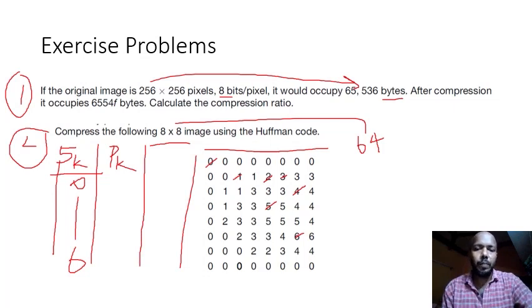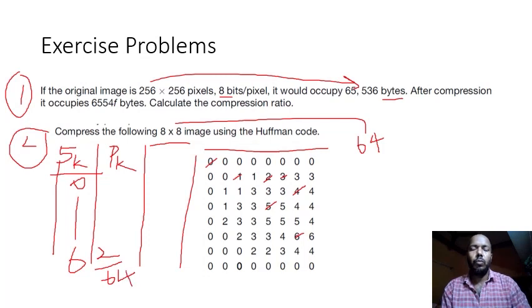Suppose I take 6. Because it is very low in count, 6 is repeated 2 times. So that probability is 2 divided by 64. Like that, if we calculate all these pixel values, the summation of these probabilities would be equal to 1. That is one cross check.